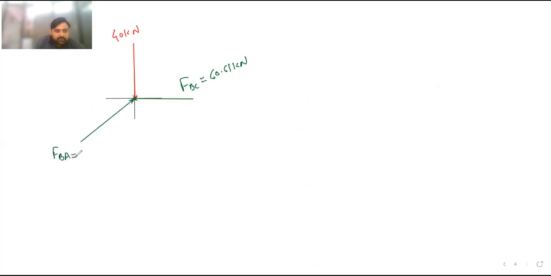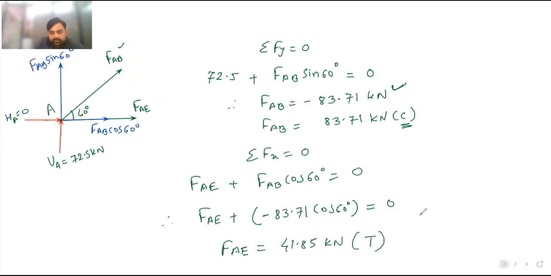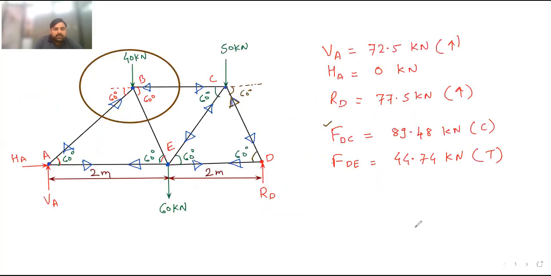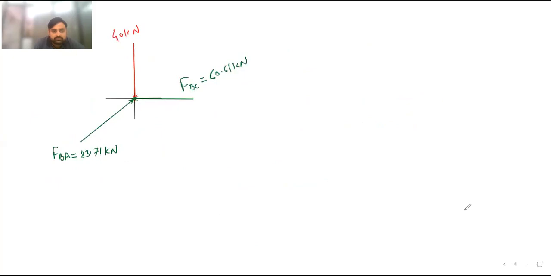FBA, which is equal to 83.71 kilonewton compressive. So we have already shown it as compressive. What is remaining? This BE. It is tensile. So this is BE.